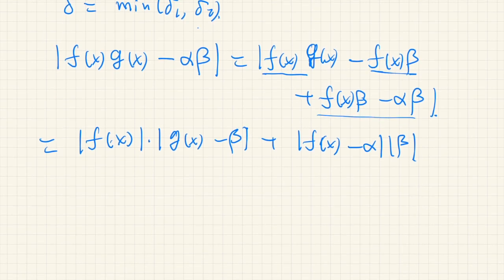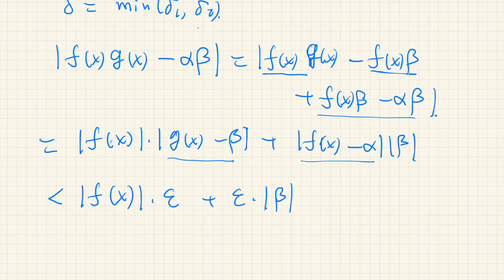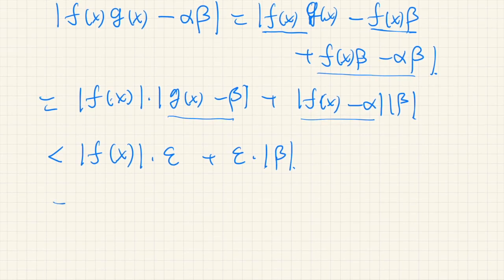This is less than absolute value of f of x times epsilon, plus epsilon times absolute value of beta. So we have epsilon times the absolute value of f of x plus absolute value of beta.